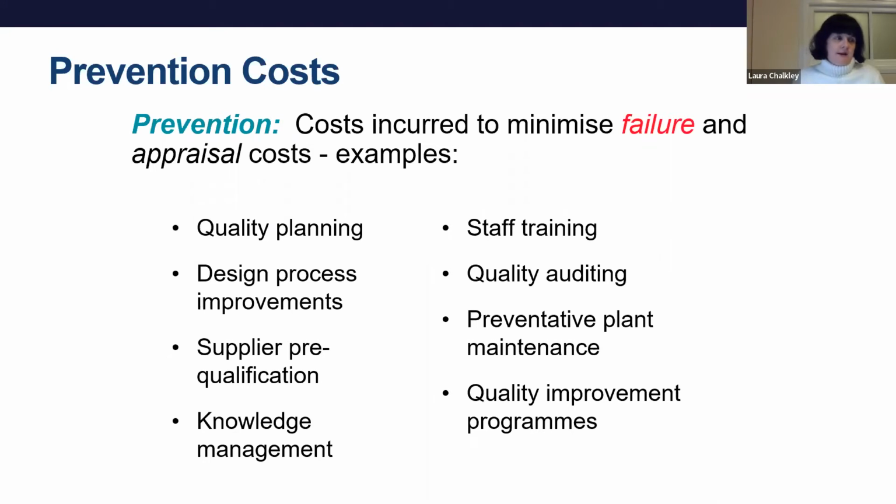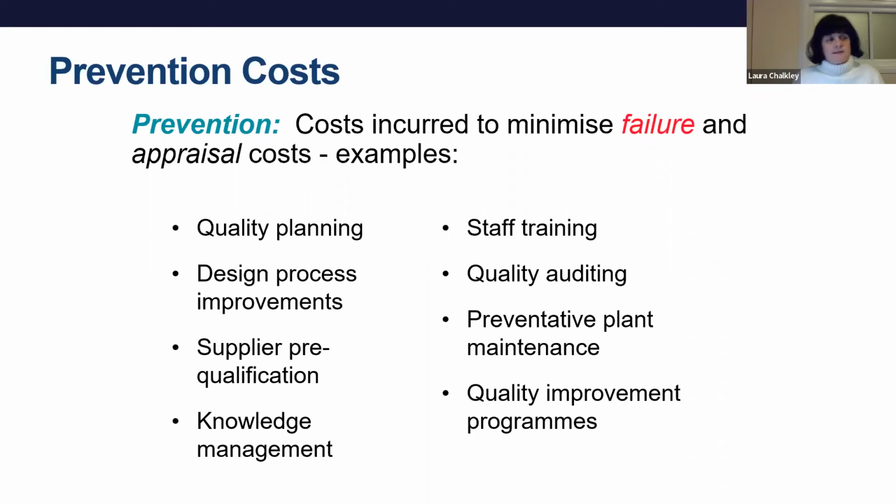How we capture and manage organisational knowledge, lessons learned, apply that to new projects, as well as how we manage technical knowledge, about making sure staff have the right training to support them in the work they're doing, both from a quality perspective and from a technical perspective, about setting up a quality auditing programme that could be focused on both design and construction phases.